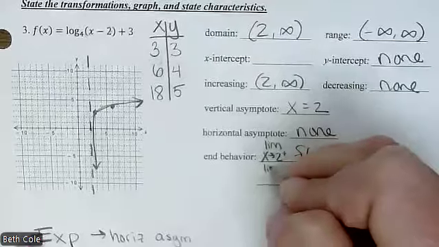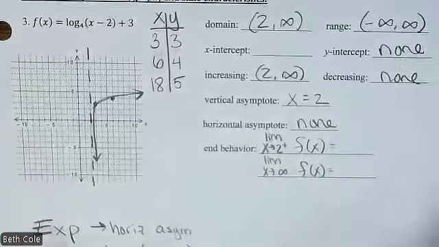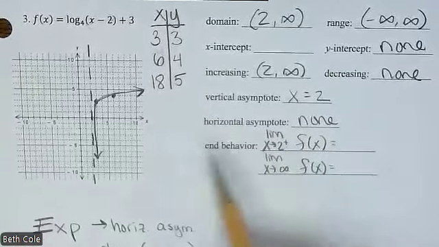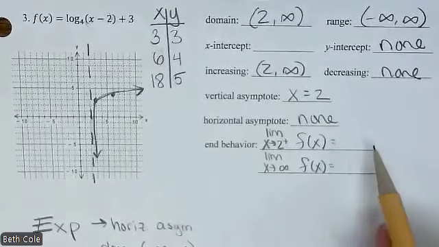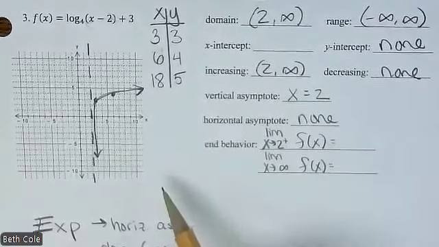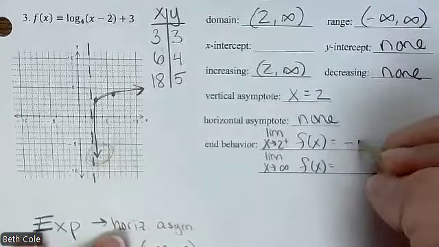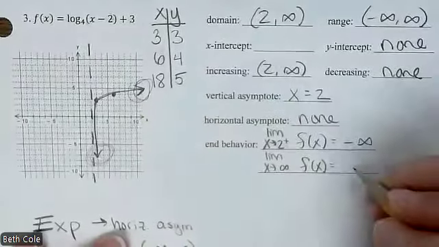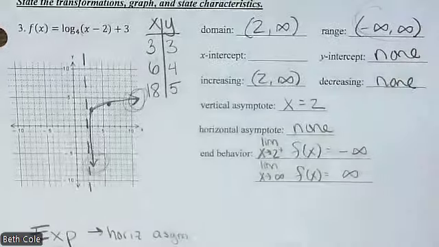Hold on, because some of you are getting ahead of me. And then limit as x goes to positive infinity of the function. So instead of negative infinity, you have 2 because you're fenced in there. Now, one of these should be up and one of them should be down. Where's your left arrow? Yep, negative infinity, and your right arrow, positive infinity. Again, one should go up and one should go down because your range is everything.